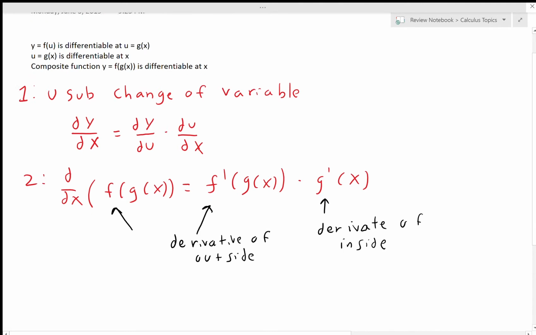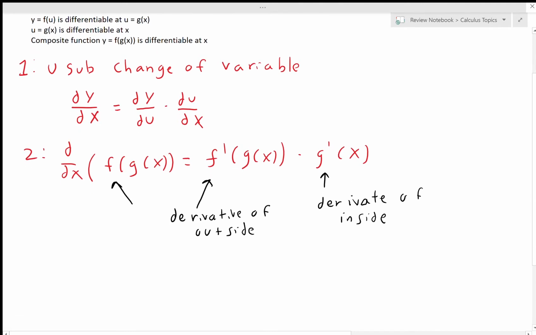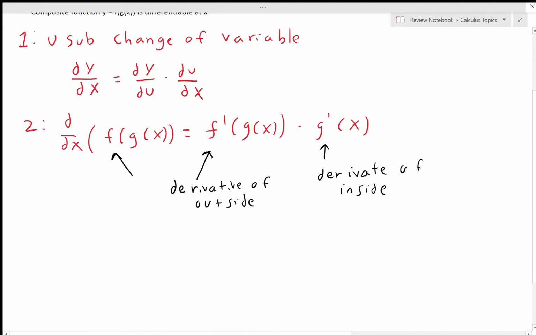So we'll start with something easy, a chain rule of the power rule. We'll start with method 1. This is the u sub. I like to call it the u sub method.